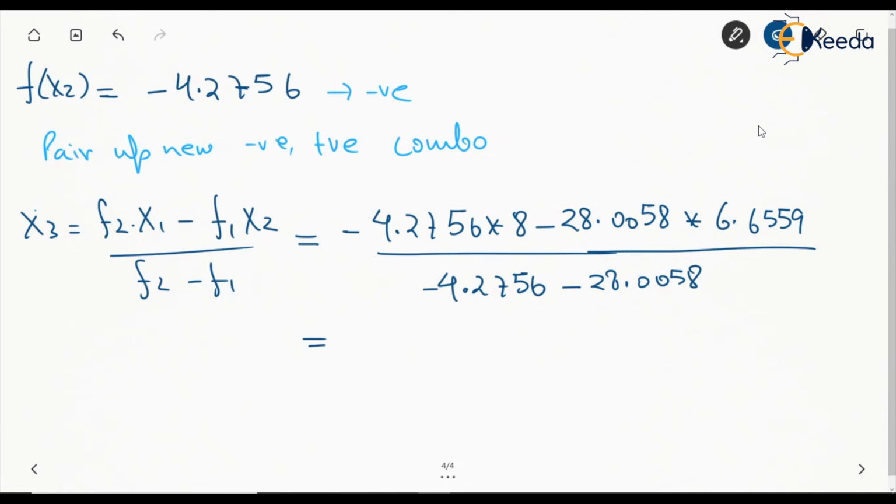This will give the value as 6.8506. So this is x3.